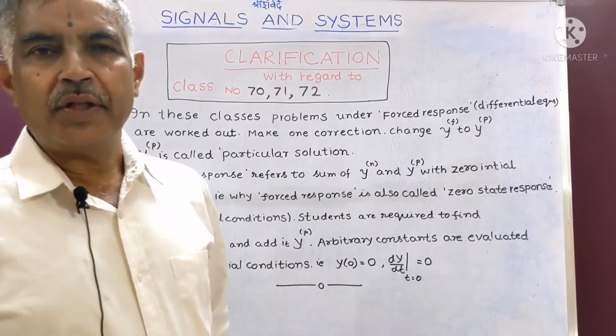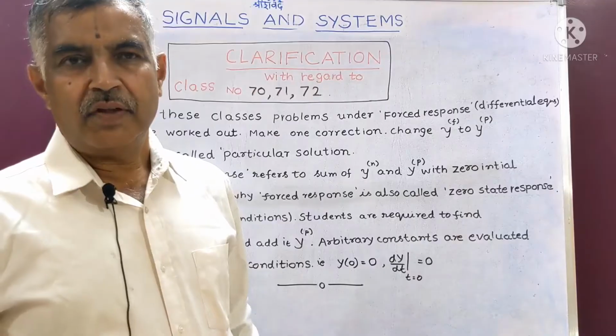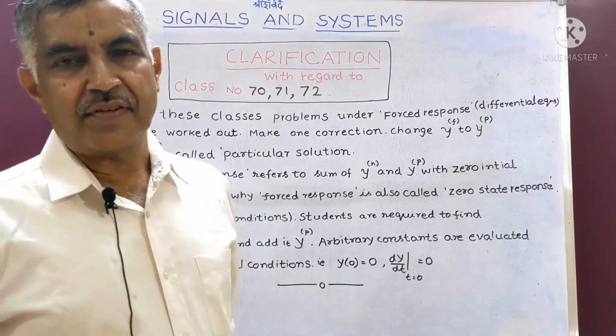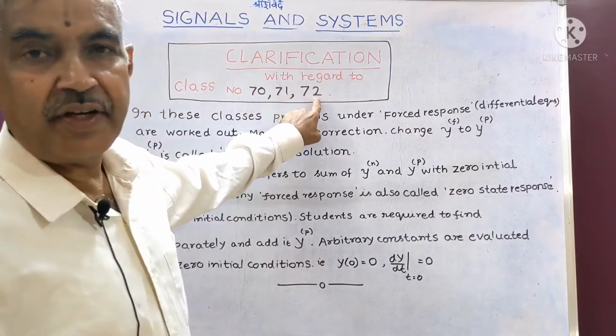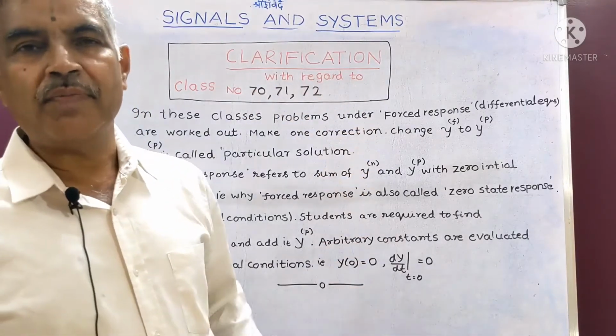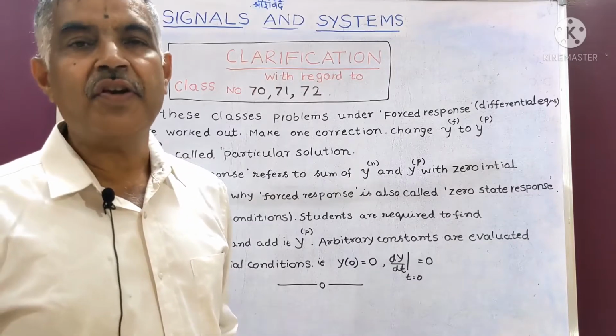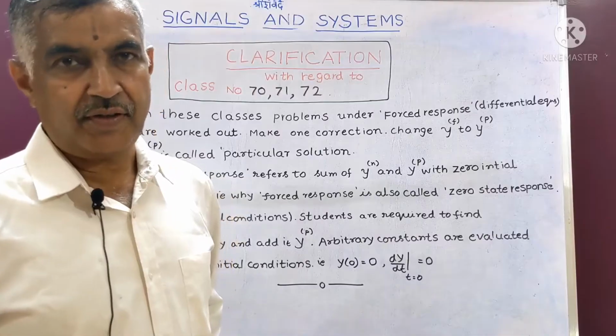Before going into that, I want to make a clarification with regard to my earlier classes, class numbers 70, 71 and 72. In these classes, I worked out problems on differential equations under the heading forced response.